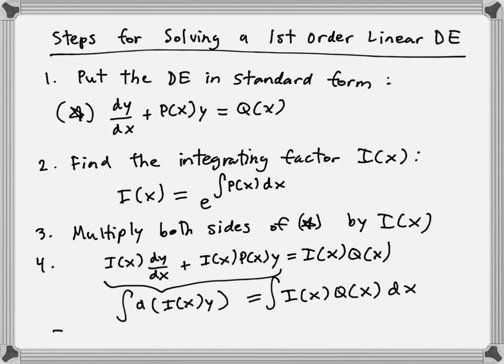So the very last thing is to write your answer. I of x times y is going to equal whatever that integral is on the right. And just to remind you guys, you always have to put the plus c after doing the integral.